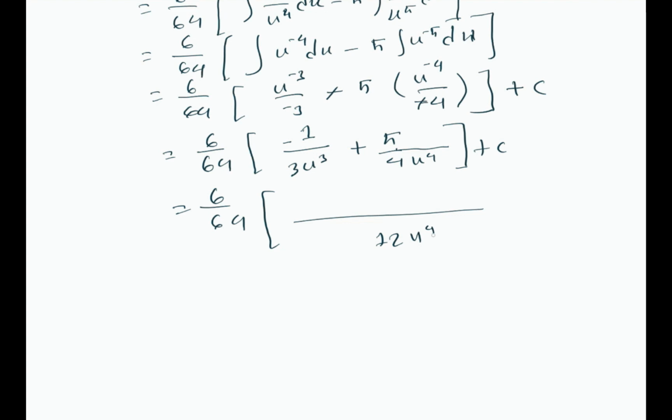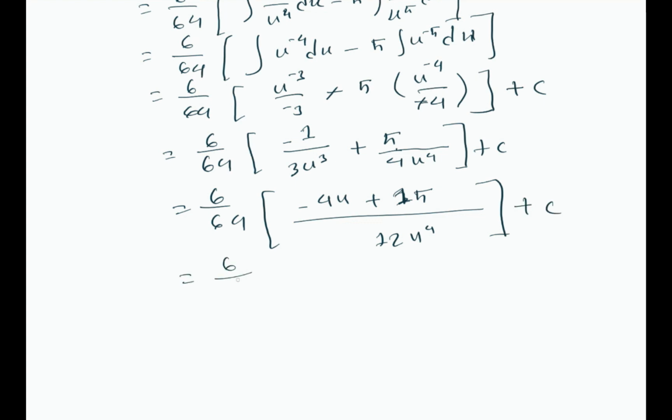So it would be 12 u to the power 4. 3 goes into 12 4 times, then we are left with only 1 u, so 4u, so minus 4u plus, 4 goes into 12 3 times, then 3 times 5, 15, third bracket c.